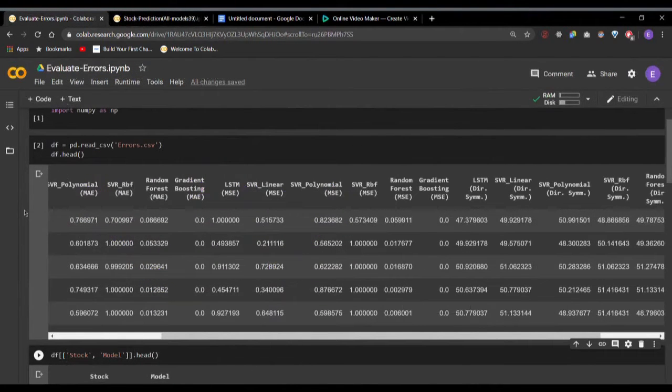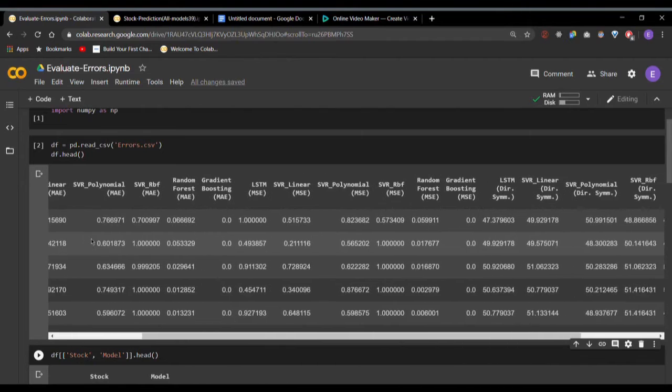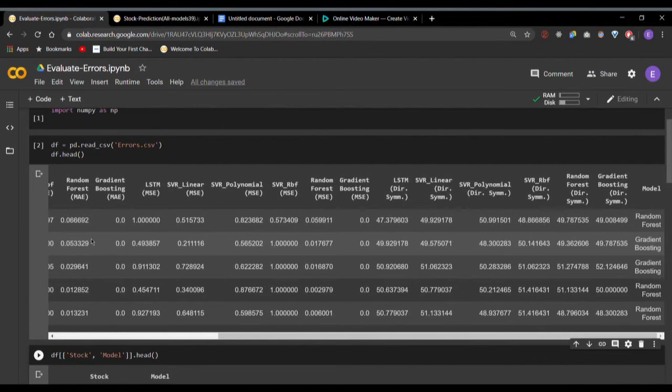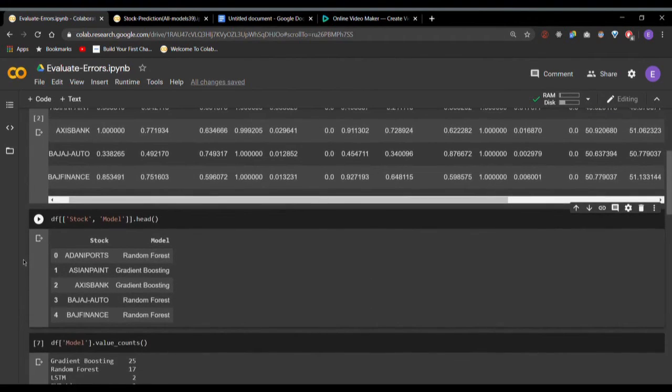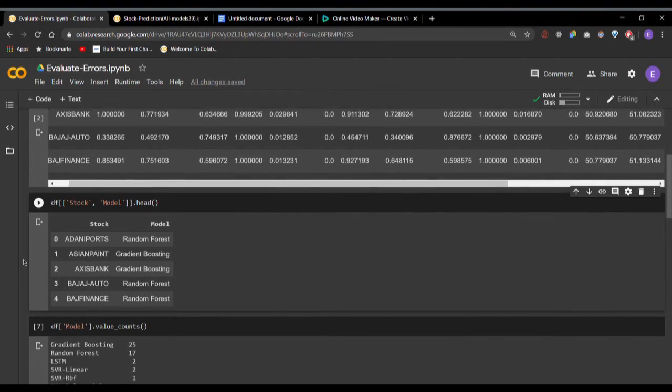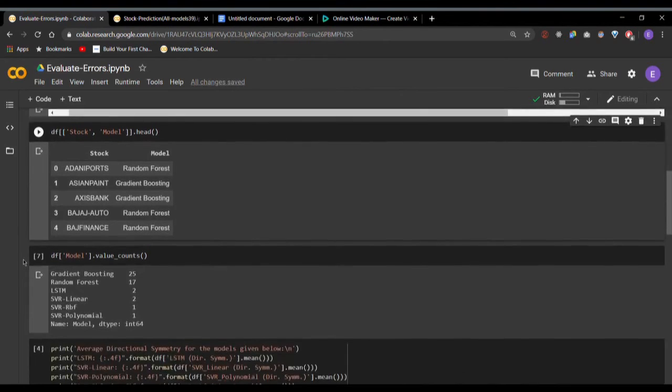So after the successful prediction of closing prices for all the stocks, we generate a file which contains the error values and the directional symmetry values for all the models used against all the stocks. The voting mechanism provides us with an additional column called model, which tells us the best performing model for that stock.